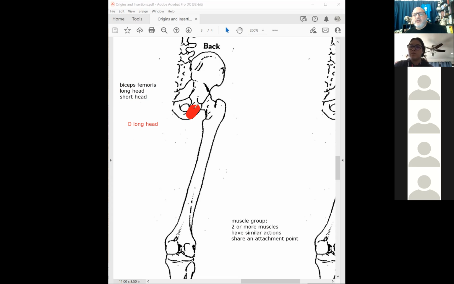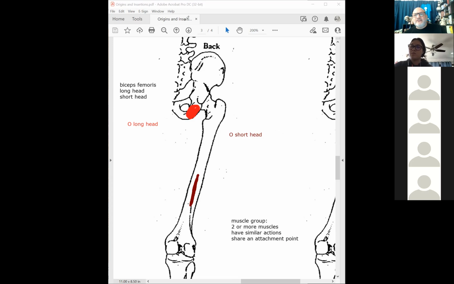Excellent. Ischial tuberosity. Spectacular. What is the origin of the short head? The linea aspera. Excellent. That raised ridge on the backside of the femur.